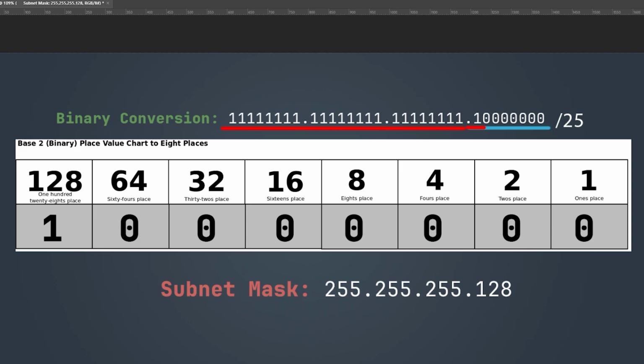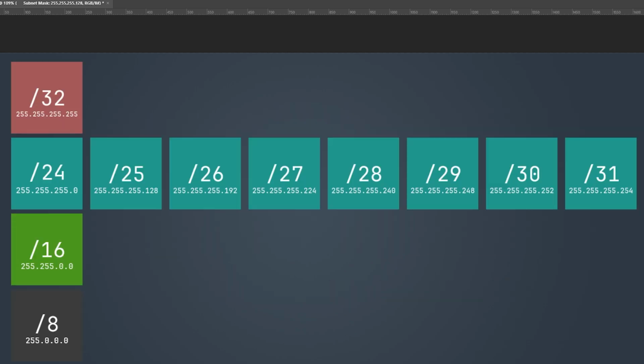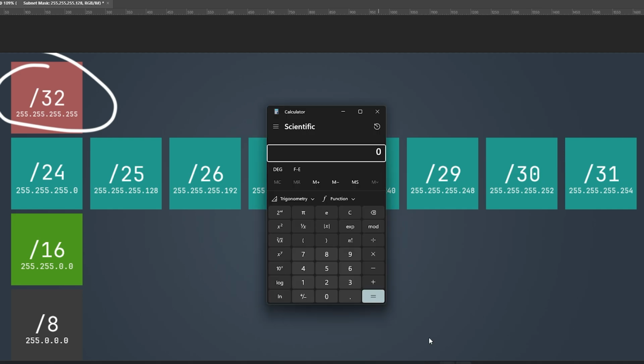To calculate the amount of usable addresses, we take 32 and subtract 25, then we do 2 to the power of 7, which gives us 128. So this basically means that we have 128 addresses in this range.